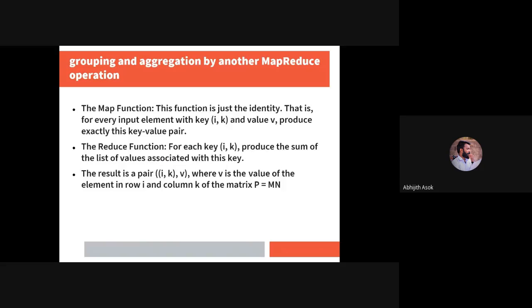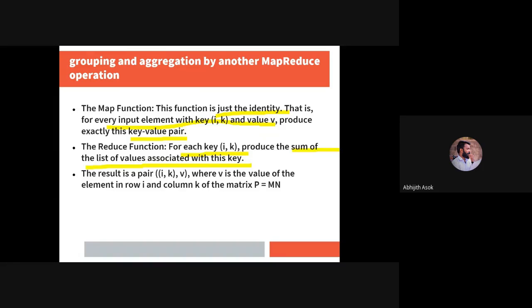Grouping and aggregation is done by another map-reduce function. The map function is just an identity. That is, for every input element with key ik and value v, it produces a key value pair. In the reduce function, for each key ik, we produce the sum of the list of values associated with this key.